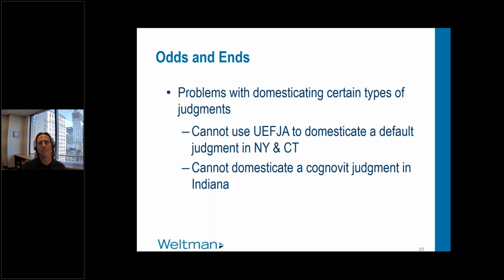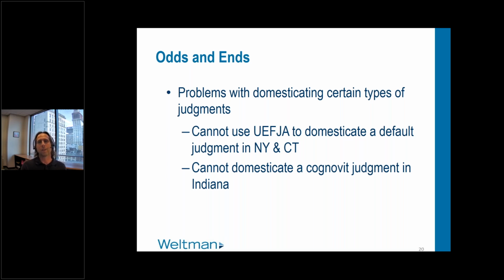They have their own procedure for those types of judgments. Now, a lot of judgments that we get in the collection arena are default judgments. So this really is something to consider and to understand that kind of limitation and to know what the process would be in those states if you're trying to domesticate a foreign default judgment. So I wanted to throw that in there, just more food for thought.